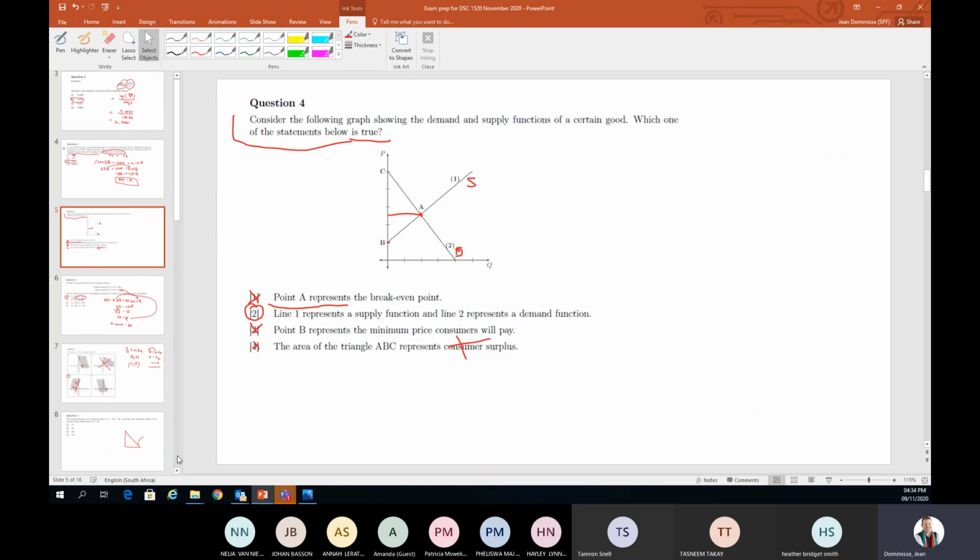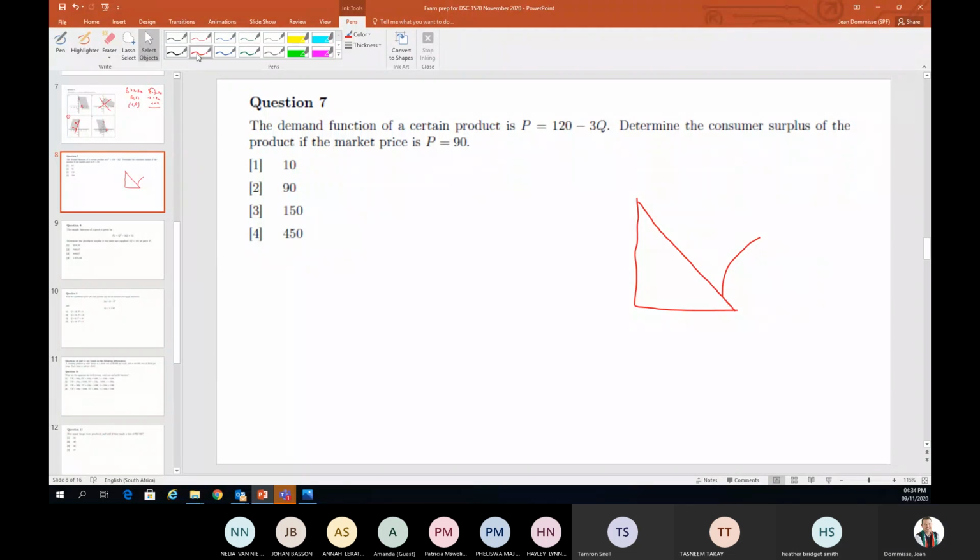So demand function is that one. So the demand function is 120 minus 3q. So that point will be 120. Okay, so determine the consumer surplus if a product price is 90. So if it is 90, we need to work out that consumer surplus.